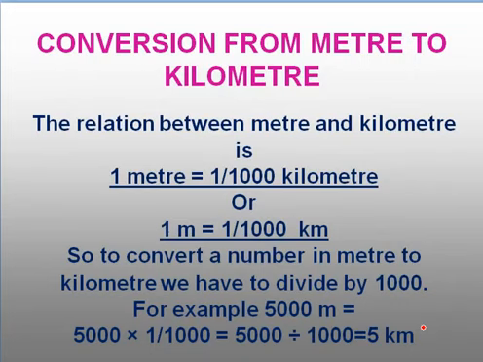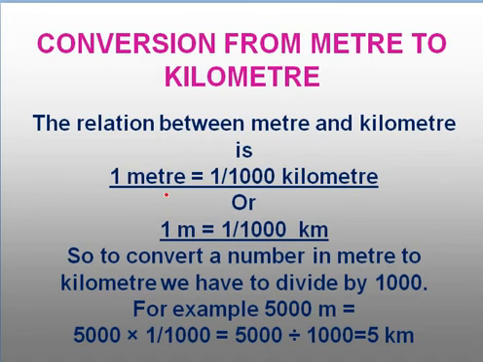Now let us see how to convert meter to kilometer. Just now you saw conversion of kilometer to meter. Now we will be doing conversion from meter to kilometer, from the smaller unit meter to the bigger one, that is kilometer. The relation between meter and kilometer is 1 meter is equal to 1 by 1000th part of a kilometer.